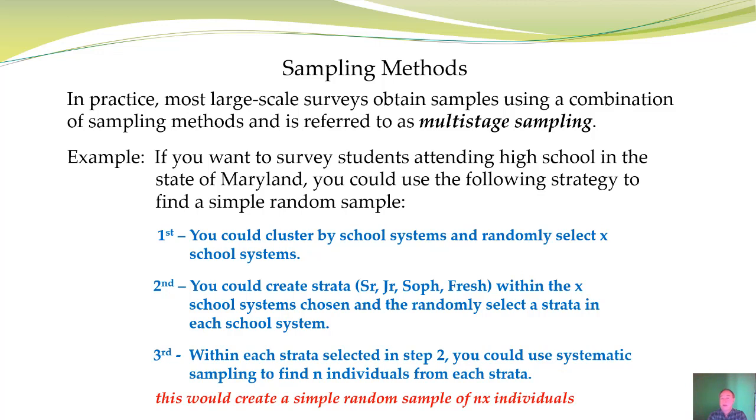You could create strata, senior, junior, sophomore, freshman, within the X school systems chosen, and randomly select a strata in each school system. Within each strata selected in step 2, you could use systematic sampling to find n individuals from each strata. This would create a simple random sample of nx individuals.